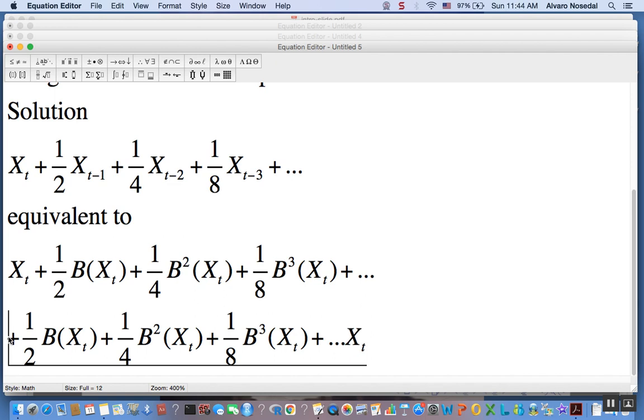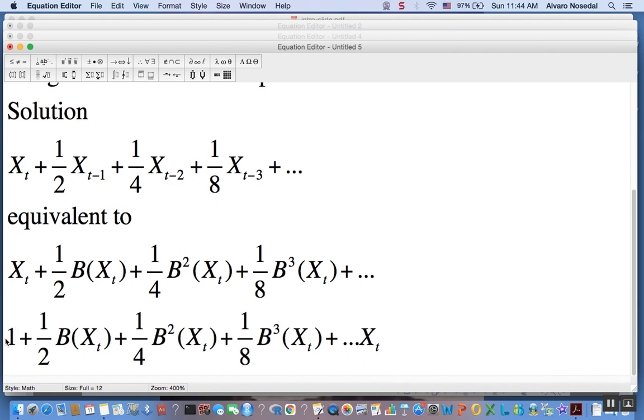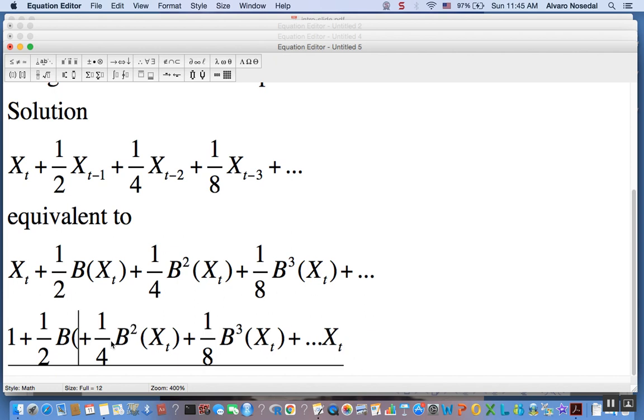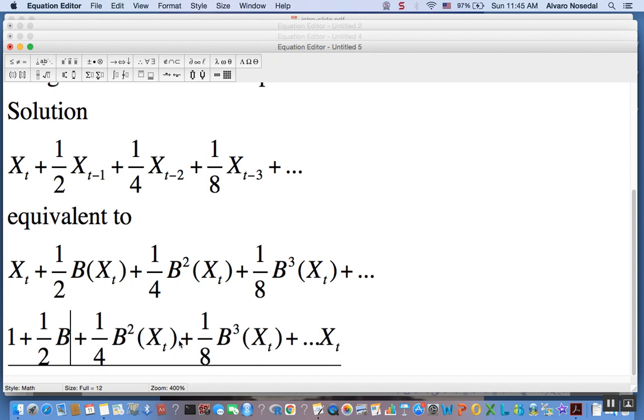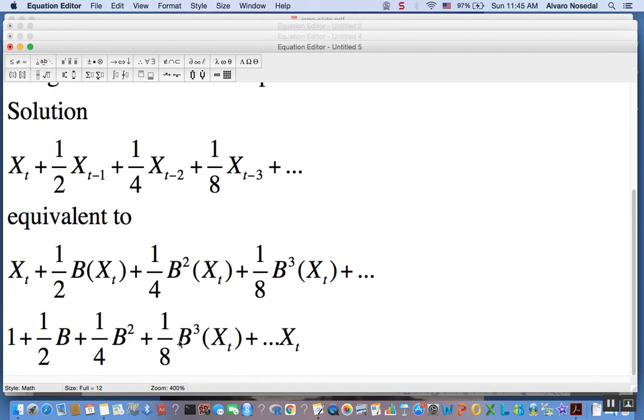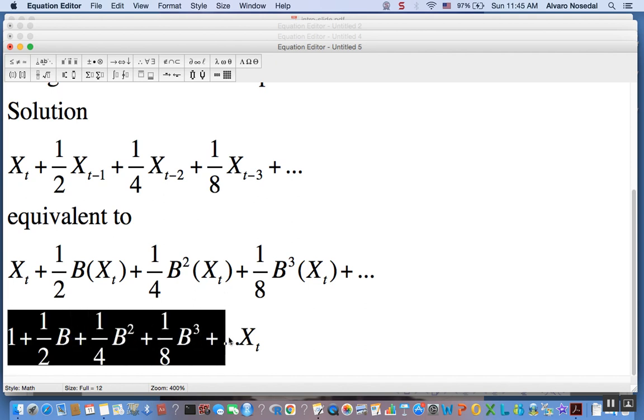So I'm going to have a 1, and I'm going to have B, and I'm going to have B squared, and I'm going to have B cubed, and so on, right? Let me place all this inside some brackets.